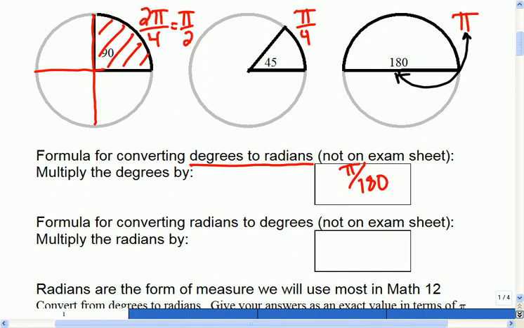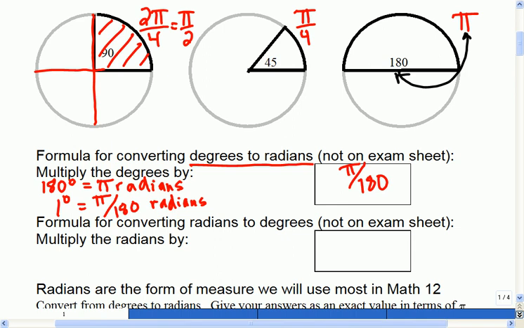So if I want to know how much 1 degree is worth, well, 1 degree would be pi over 180 in radians.